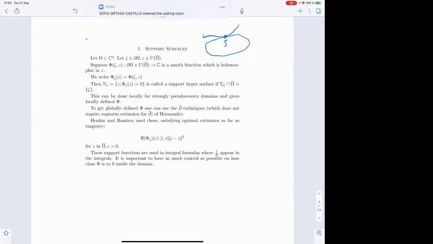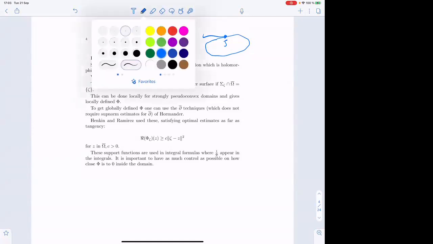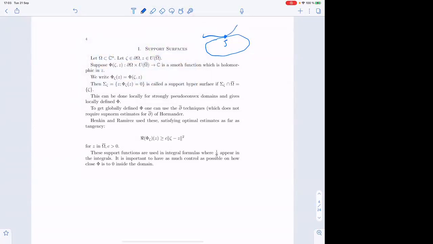We can write phi index theta of z as this function phi of z, theta. And then the sigma thetas are those supporting hypersurfaces where phi theta is 0, and they only touch the domain at this point.